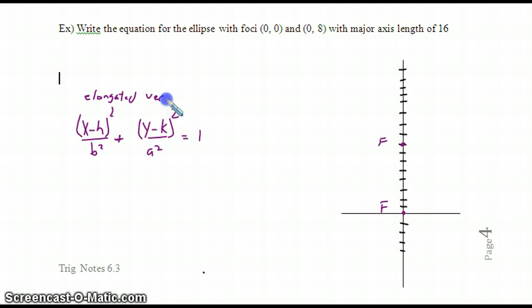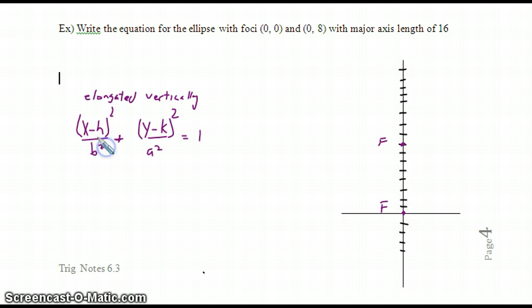And again, the reason that I knew that was because when I took the time to plot my foci, notice that my foci points are vertically from each other, so therefore this has to be the vertical axis, or the major axis, I should say.